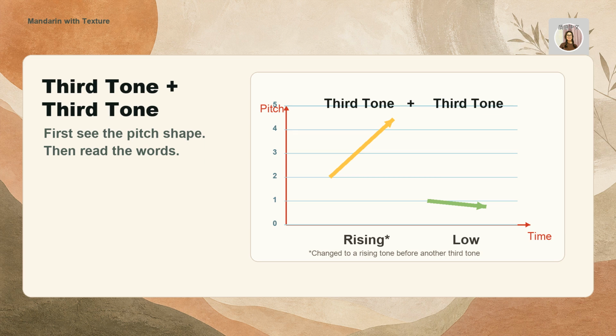Remember, the first third tone rises. The second one stays low and short. Sounds like 打打.